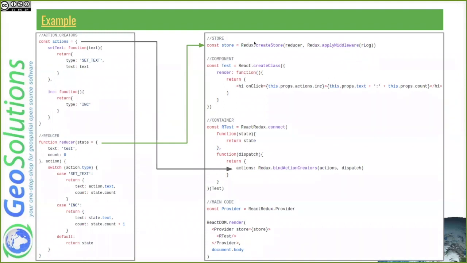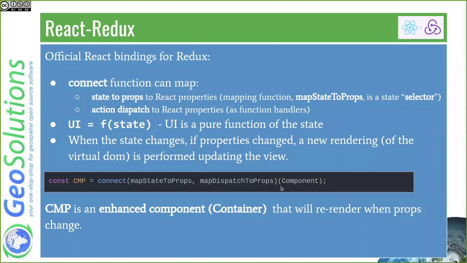So the store is created by the Redux library, and here we have a simple component that is a title with an onClick method. Here also the second part of the connect method is included, which allows dispatching actions automatically from the components.